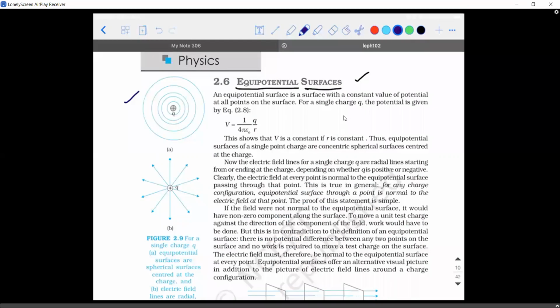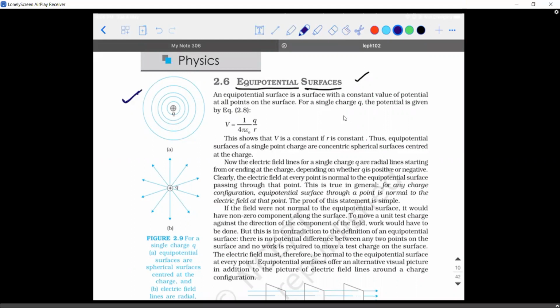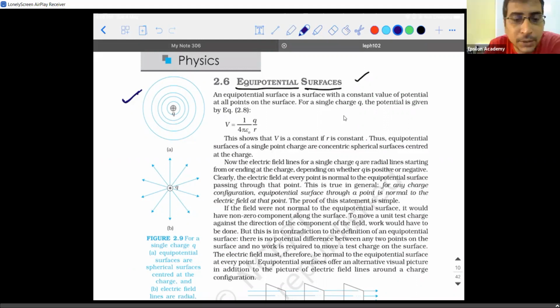Tell me one thing, are you guys clear with what this equipotential surface means? Yes, sir. How we got this set of concentric spheres? Due to an isolated charge, according to the concept that we discussed in the previous chapter, we know that the electric field lines due to a positive charge are away from it.